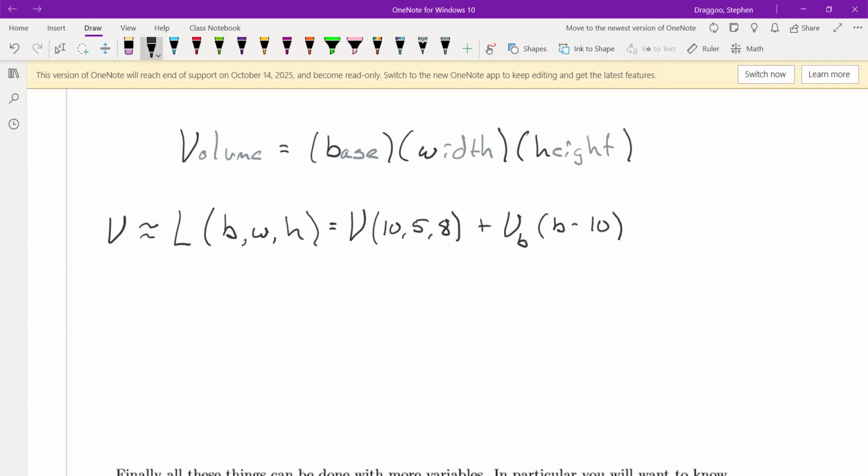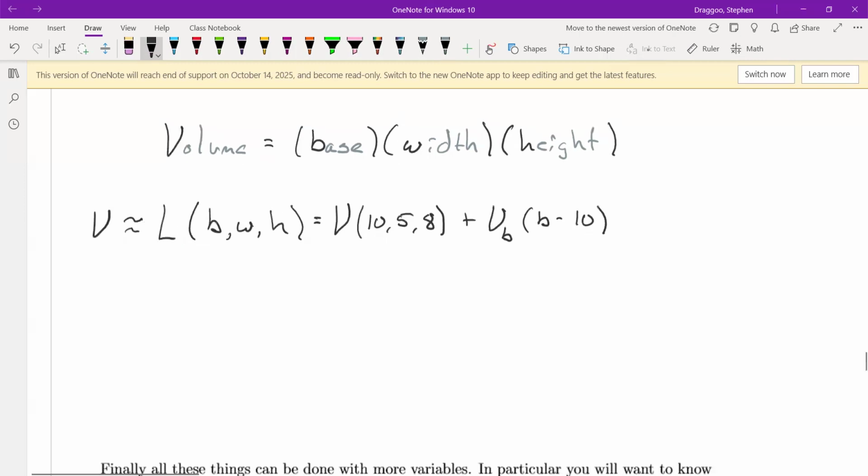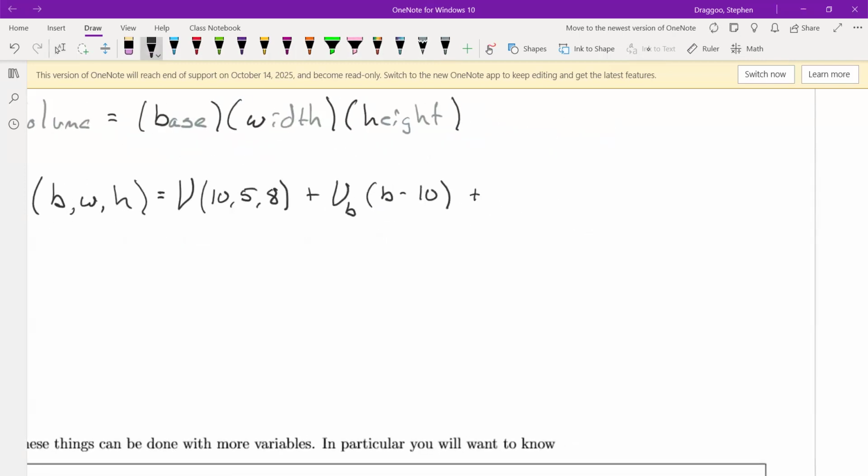The base's target value is going to be 10. Plus another partial derivative of that volume, but this time with respect to the width. Multiply that by the width minus its target value, which was 5. Plus a third partial derivative, this time with respect to the height. And we're going to multiply that by the height minus 8, right? Its target value is 8.